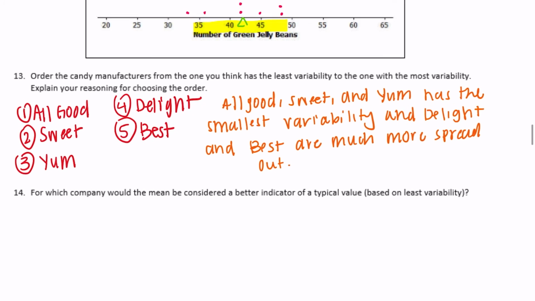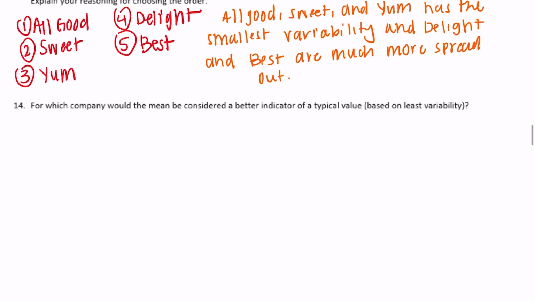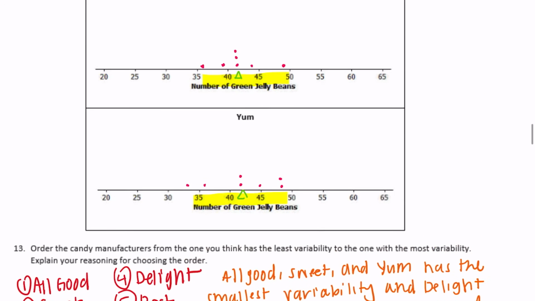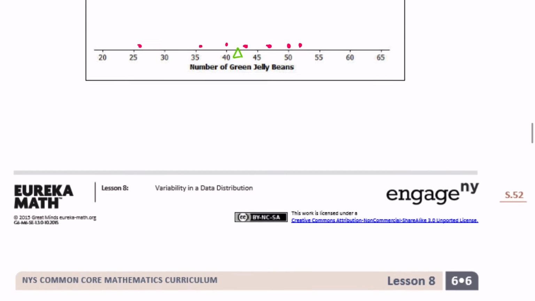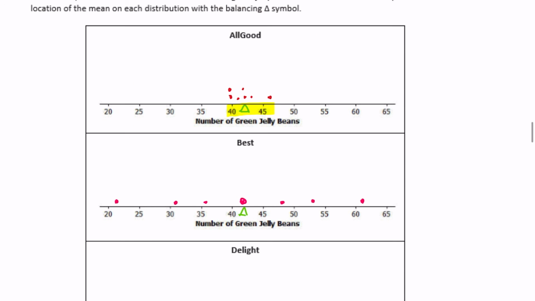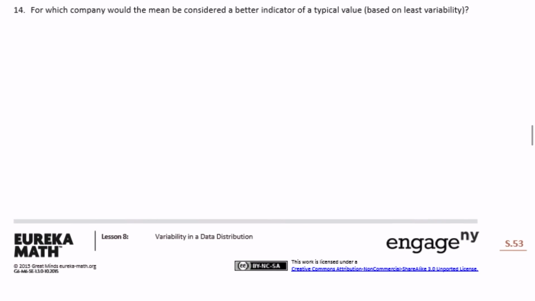Number 14, for which company would the mean be considered a better indicator of a typical value based on least variability? So let's look at which one you think the mean is the best indicator. Well, I'm going to go with who I chose as number 1, All Good, because they're all kind of clustered in the same area. It has the least variability.